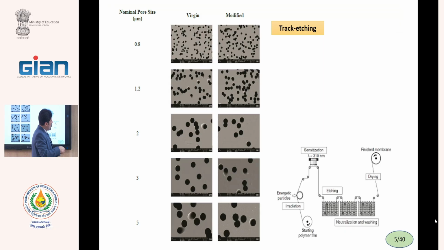But normally, all of the sizes are similar, and the fouling of these membranes is low in comparison to phase inversion.